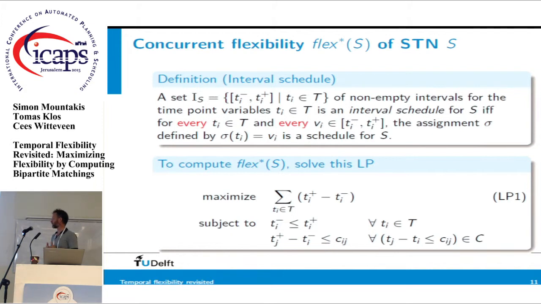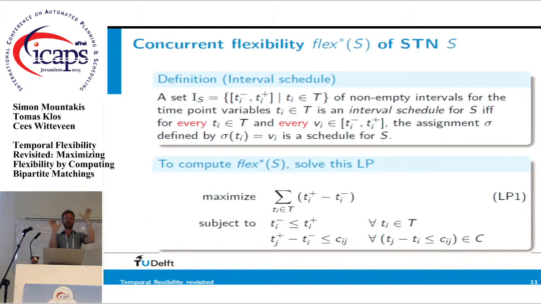one that's the most interesting here, which says that for every constraint in the original instance, if you want to schedule a variable j after a variable i, and you assign the intervals to them, then the upper bound of the second variable has to exceed the lower bound of the first variable by no more than this constant c.